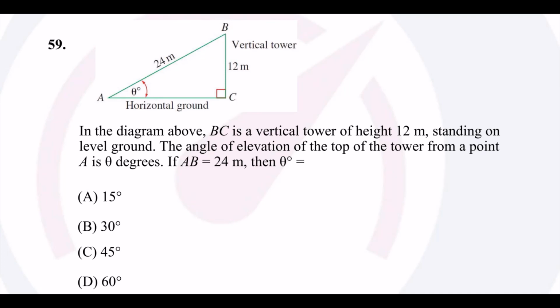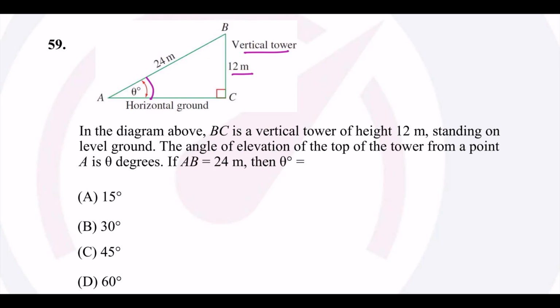Question 59. In the diagram above, BC is a vertical tower of height 12 meters, standing on level ground. The angle of elevation of the top of the tower from a point A, which is this angle here, is theta degrees. Hold on, we're reading it wrong.